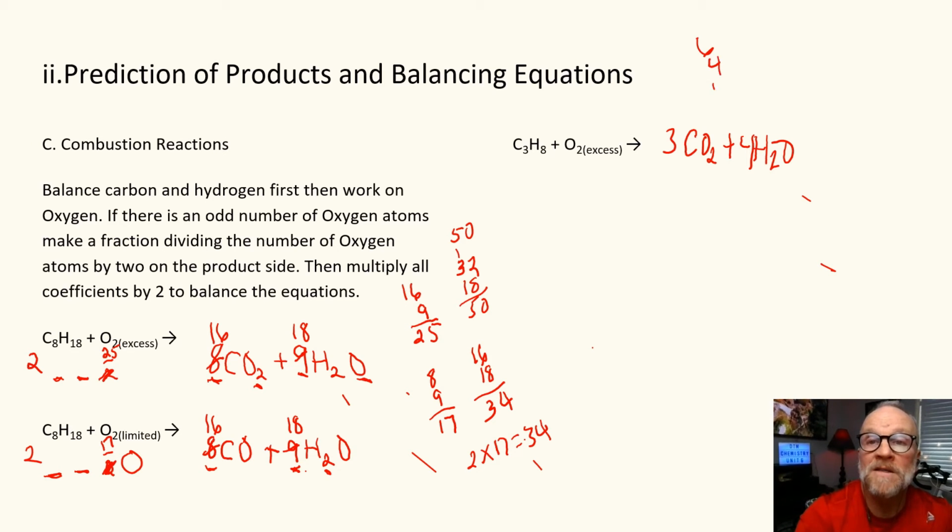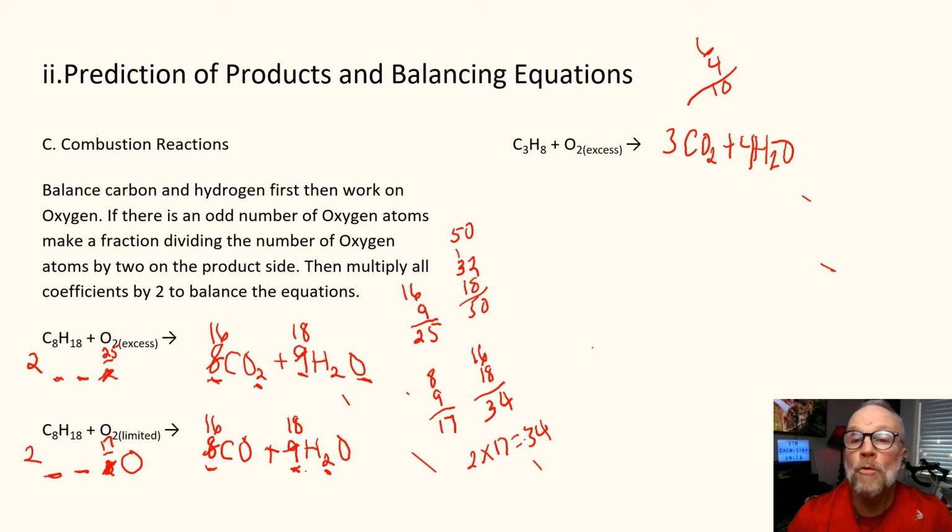And 4 makes 10. Woohoo! Okay, so we have an even number. 2 will go into 10 5 times. So we don't have to do the fraction on this one because we had 10 oxygen atoms on our product side. 3 times 2 is 6 plus 4 will give you 10. So now we're balanced. Don't have to multiply through by 2 or anything. We're done. Yay.